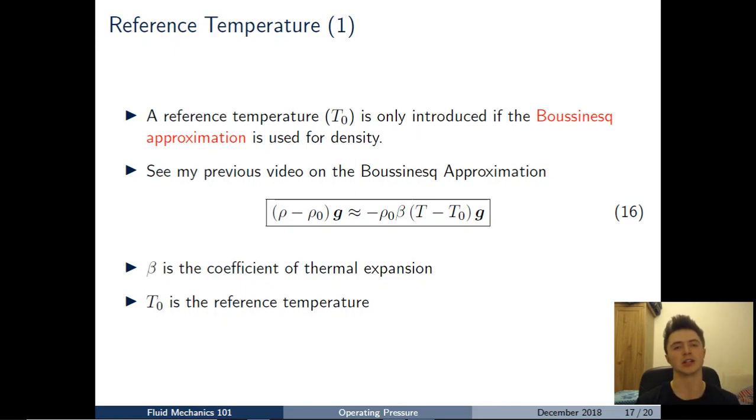So what we're then doing is we're taking the temperature changes in the flow relative to our operating temperature, which is what the user will specify, and we use that to prescribe the buoyancy forcing on the flow. So if we use the Boussinesq approximation, we have to choose a reference temperature, and as before, that reference temperature usually will be the background or free stream temperature in our flow.